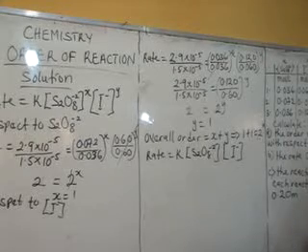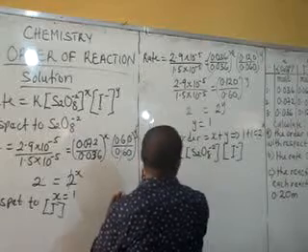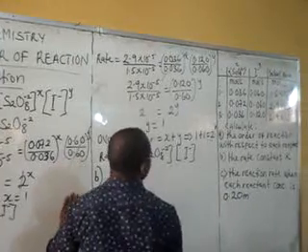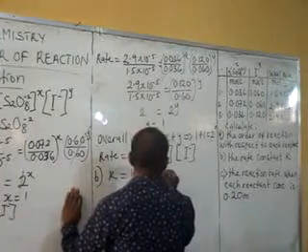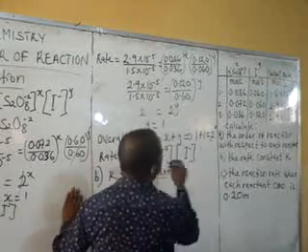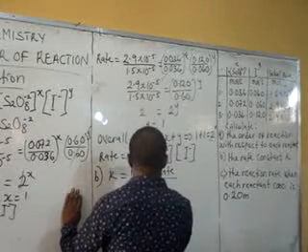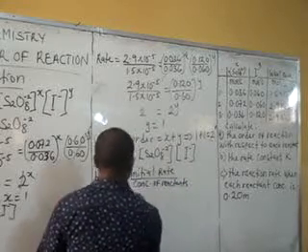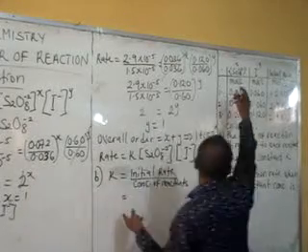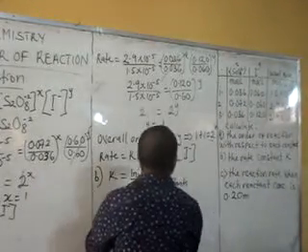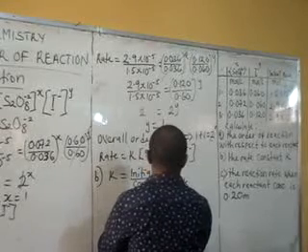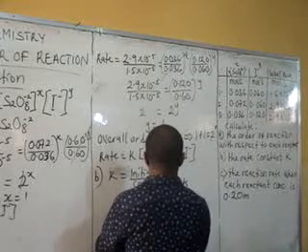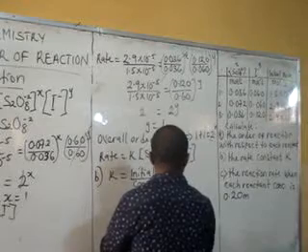So for B, our rate constant K gives us the initial rate over the concentration of the reactants. So if I want to use the first one here, then I will be having 1.5 times 10 to the power minus 5 over 0.036 and 0.060.